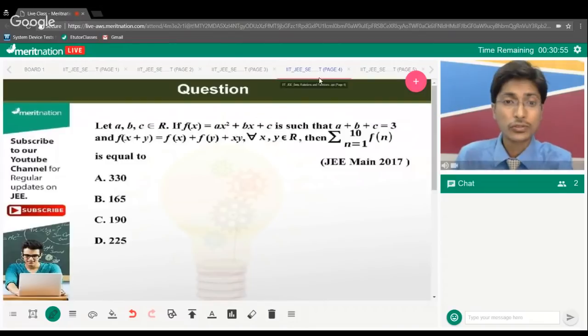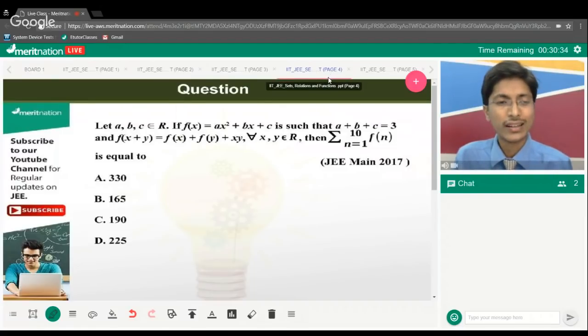Now, moving on to the next question, which appeared very recently in 2011. Okay, now guys, we have a function with us, one condition with us, and a modification of the function, which is involving another variable y. Now, if you see, guys, f of x plus y is equals to f of x plus f of y plus xy.